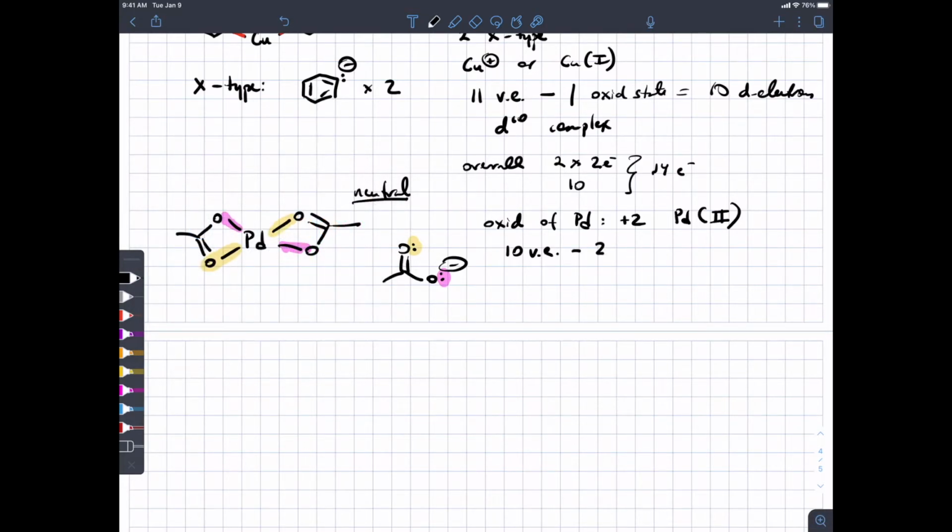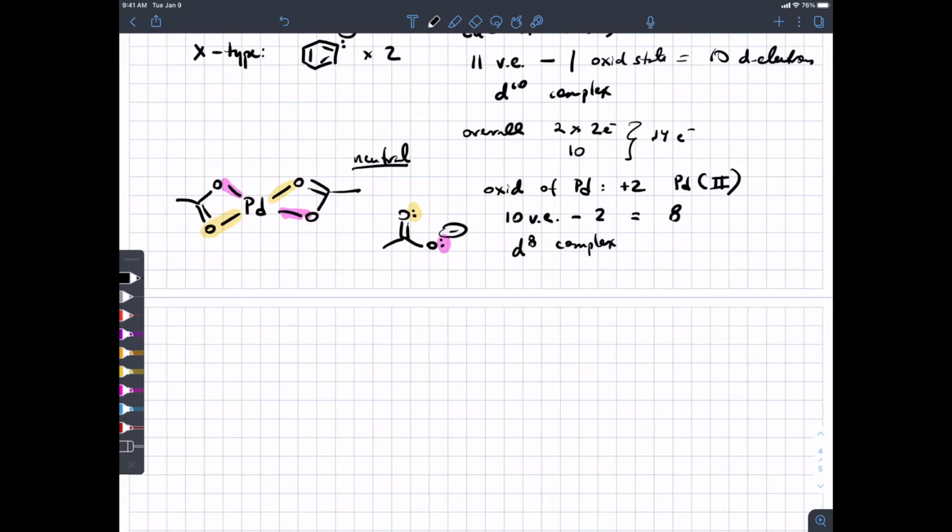We're going to minus 2 for the oxidation state, and that is 8 d electrons, or this is a d8 complex. 8 electrons available in the d orbitals to palladium. And then overall number of electrons in the complex, you've got 8 d electrons. Then you have, from each of these ligands, 2, 4, 6, 8. So 8 electrons from ligands, and that leads to an overall 16 electron complex.